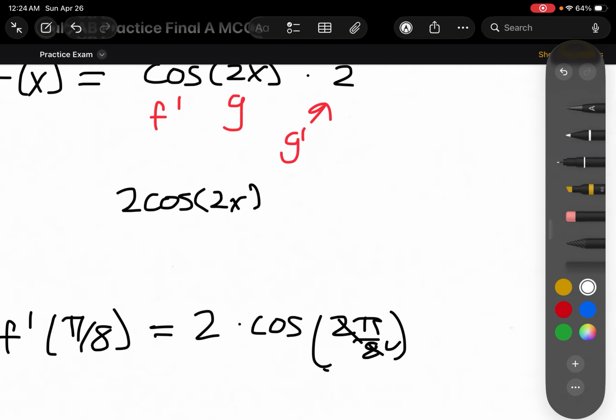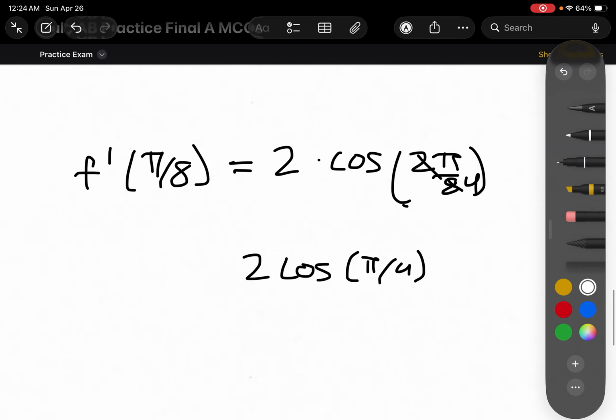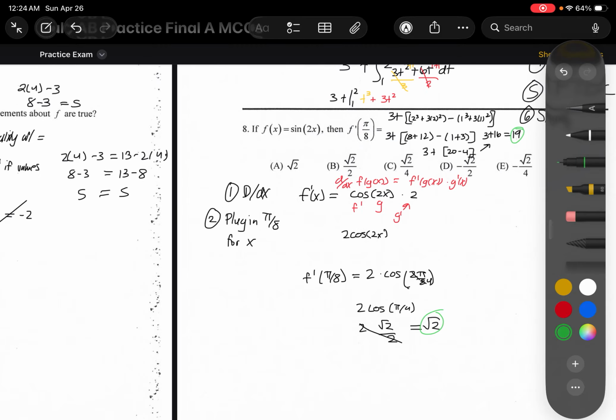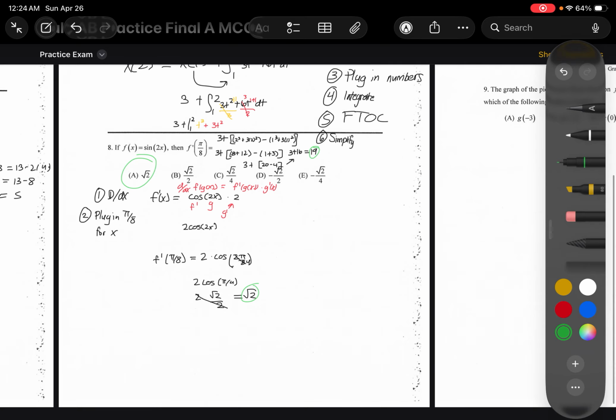This can be simplified to pi over 4. 2 cosine of pi over 4. Cosine of pi over 4 is going to be root 2 over 2. Those 2's cancel out, and that gives you root 2 as your answer. And that matches option A. Our answer is going to be A.